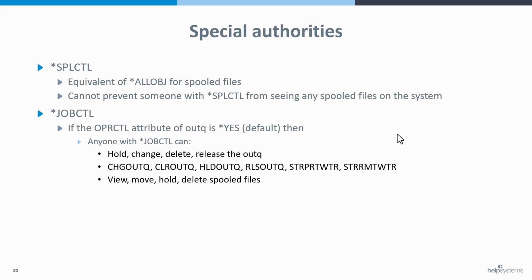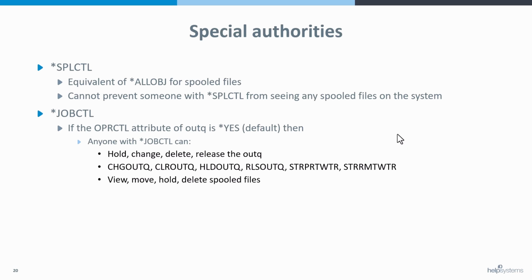Additionally, job control, in the case of the operator control attribute of an outqueue, which by default is set to yes, anyone with job control additionally has the access to manipulate outqueues and manipulate the spooled files.